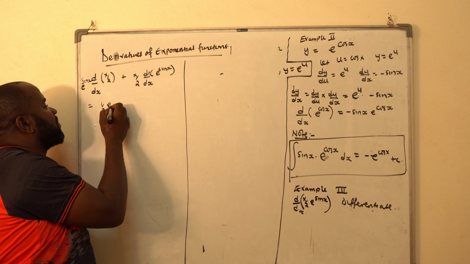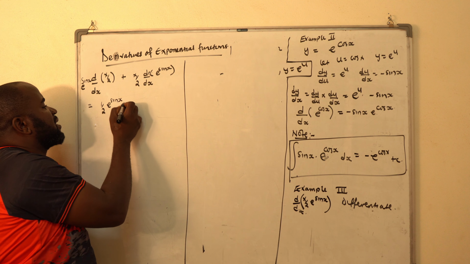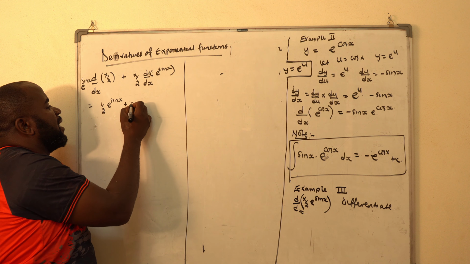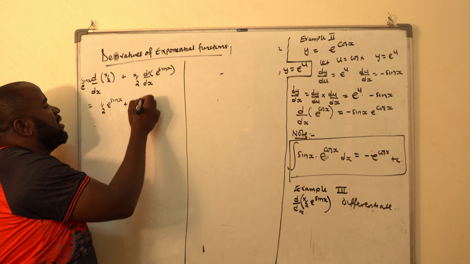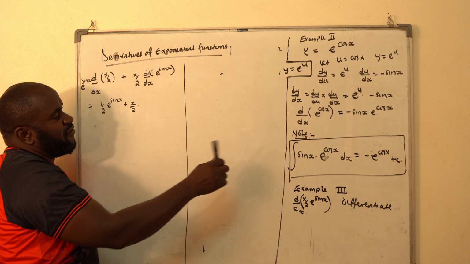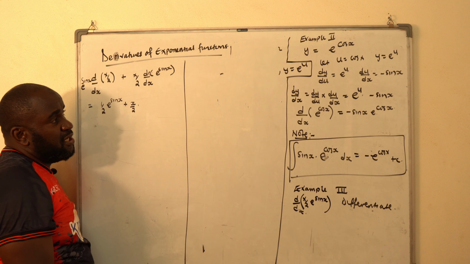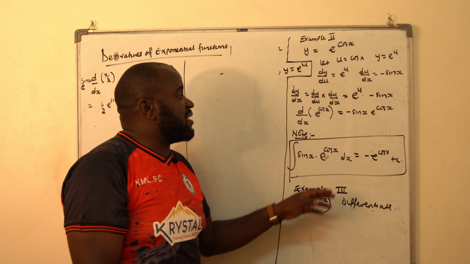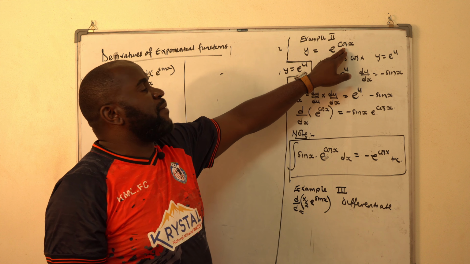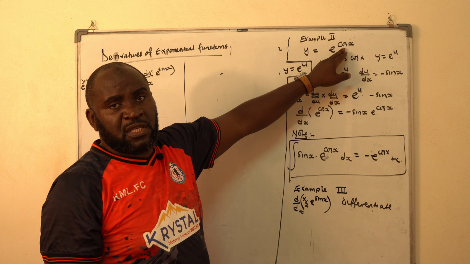Which is a half exponential sine of x, plus I keep x over 2 a constant, differentiate the exponential. We have already seen from the change of variable that the idea is to differentiate the term in the power of the exponential.